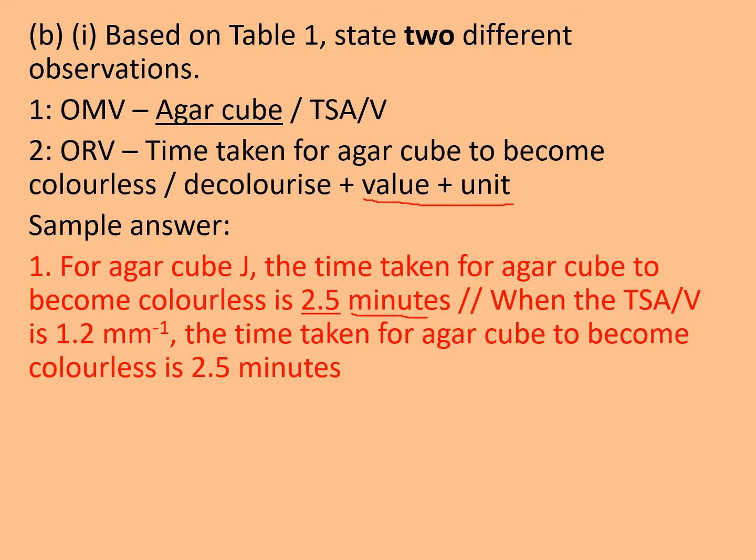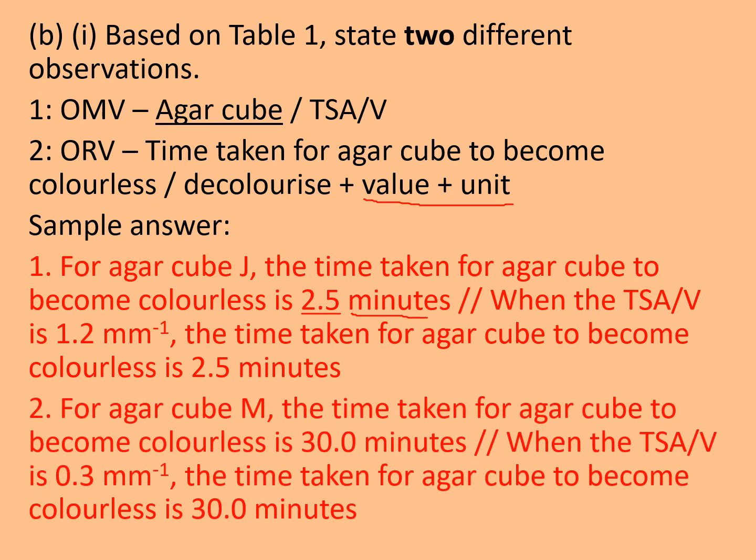Observation number 2 also the same. Okay, this one is the slowest. For agar cube M, the time taken for agar cube to become colorless is 30 minutes. Okay, value and unit you must put it. Okay, when the total surface area to volume ratio is 0.3, the time taken for agar cube to become colorless is 30 minutes. Okay.